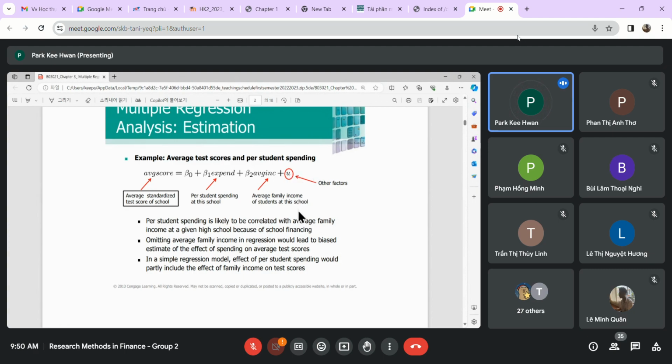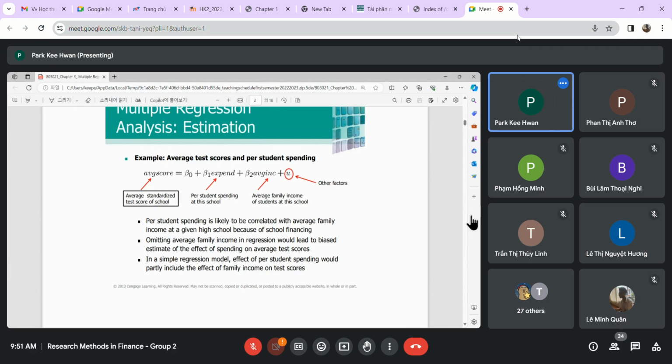Okay, so what's good about the multiple regression? Now suppose that you take out the average income from the error term, so you have two variables and you estimate the beta one, and this beta one measures the effects of expenditure while holding average income fixed, so you can avoid this biased estimate.